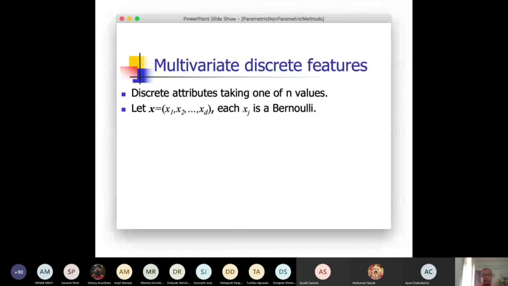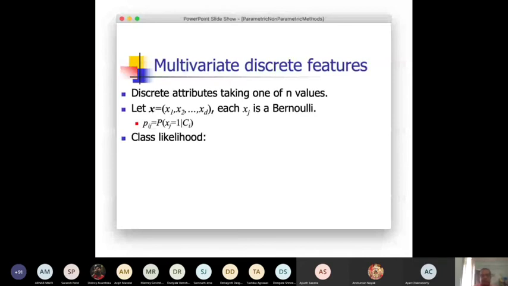So the attributes would be either 1 or 0, and the parameters involved in that process in the multidimensional space: for each attribute given a class, you have its corresponding probability of that attribute becoming 1.